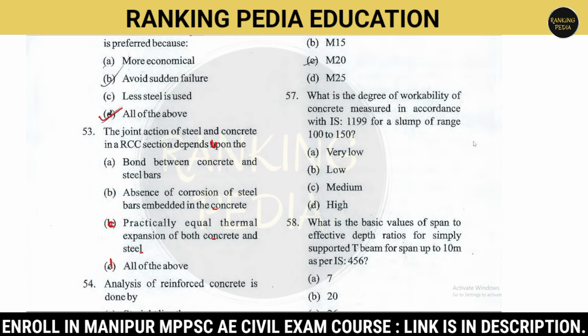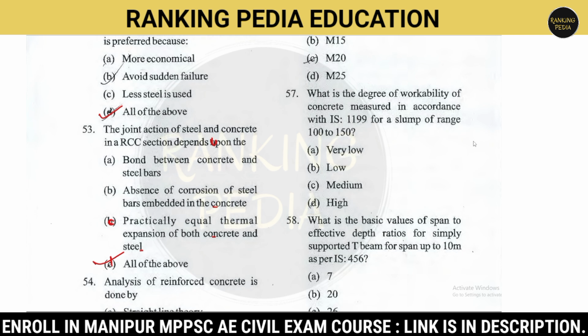Which of the following options is correct? So the joint action of steel and concrete in an RCC section depends upon the bond between the concrete and steel bar, and also upon the absence of cohesion of steel bars embedded in the concrete, and also on practically equal thermal expansion of both concrete and steel. Which is correct? Option number D, that is all of the above, is correct.